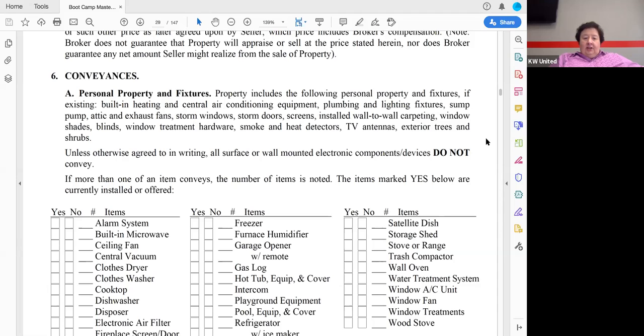Plumbing and lighting fixtures, sump pump, attic and exhaust fans, storm windows, storm doors, screens, installed wall-to-wall carpeting, window shades, blinds, window treatments, hardware, smoke and heat detectors, TV antennas, exterior trees, and shrubs. Now, if you have a client who's had a storm door made with glass and has a specific etching in it or their names, okay, yes, they can take their storm door with them.